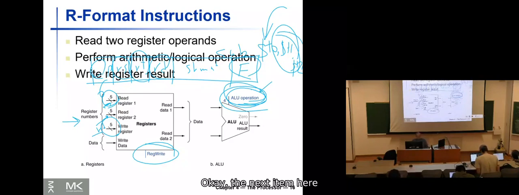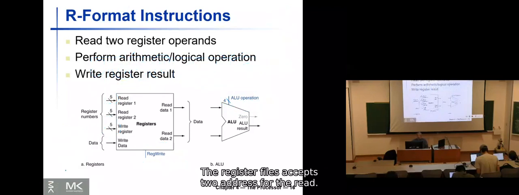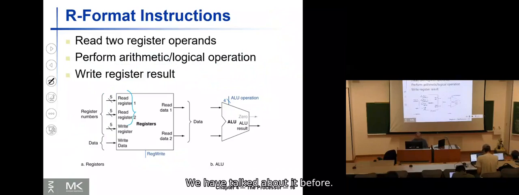Okay, so the next item here, as you could see in our data path, is the register file. The register file accepts 2 addresses for the read. We have talked about it before. I told you the register file needs 2 ports for reading and 1 for writing.